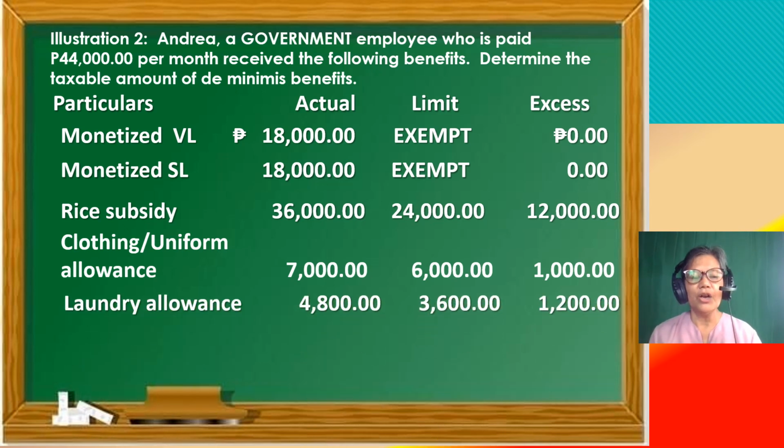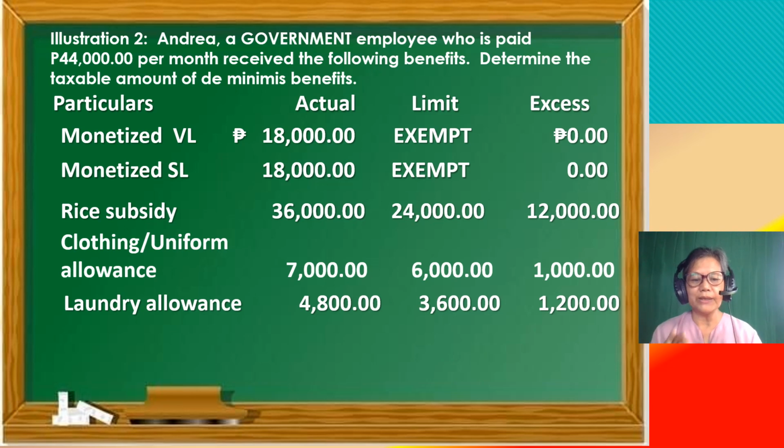Next, laundry allowance. How much was received? 4,800. What is the limit? 3,600. Why 3,600? 300 pesos per month times 12 months. Therefore, the excess is 1,200 pesos.